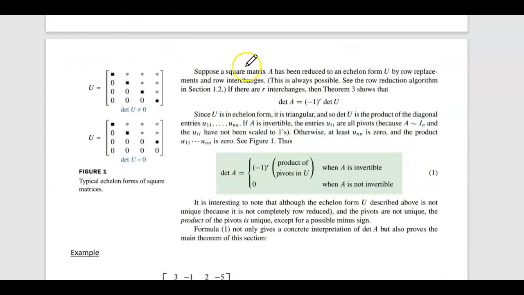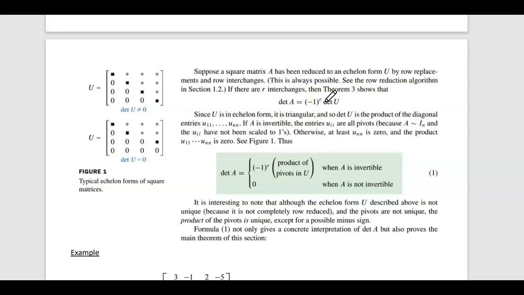Now, if we have a square matrix in this row reduced form, and that determinant is not 0, and if there are interchanges in between those row reductions, then you're going to do -1 to the r, the number of times that you had to change rows around.